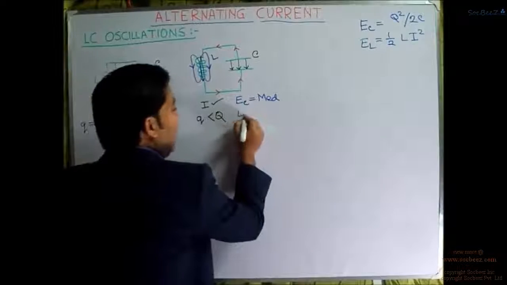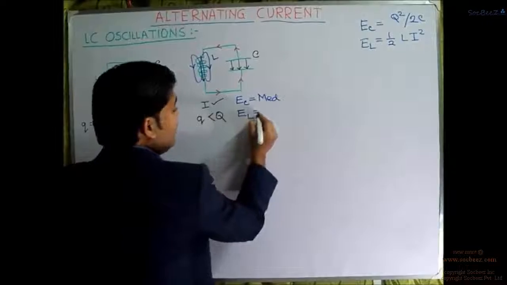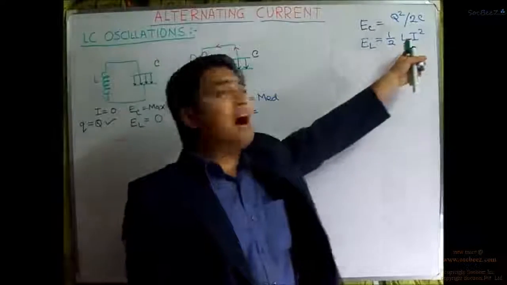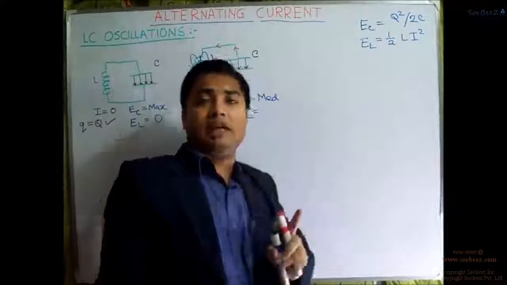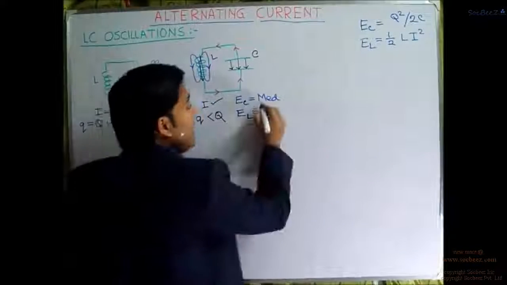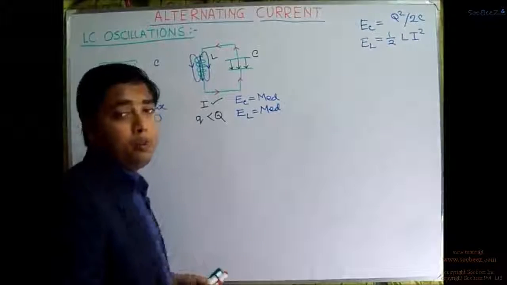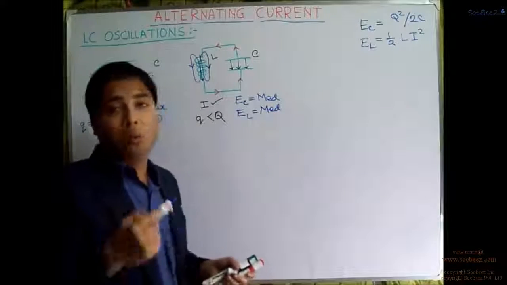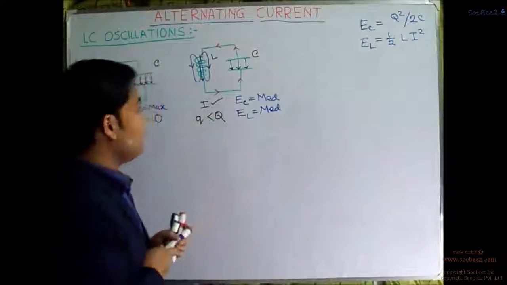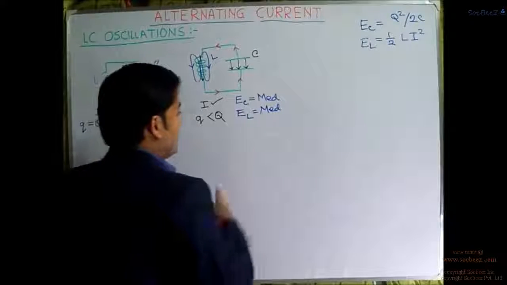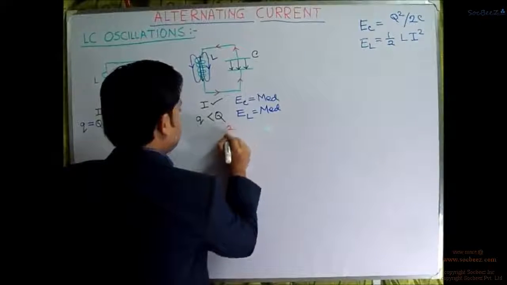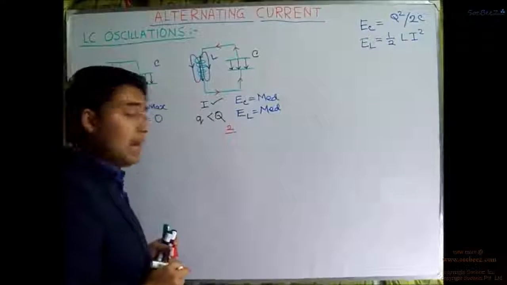And the EL, obviously there is the presence of I, so EL will have a certain value. The EL will also obtain a medium value. Why not maximum? We are going to see just in the next scenario. So this is the second case, right?